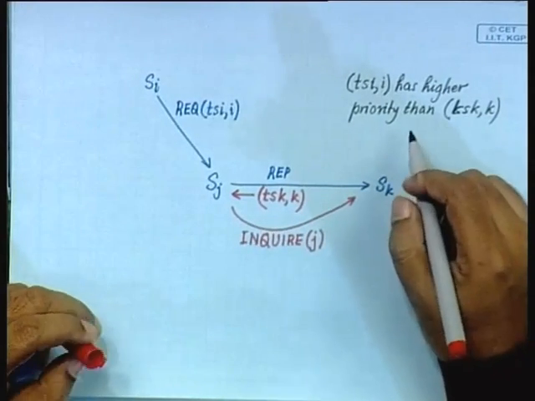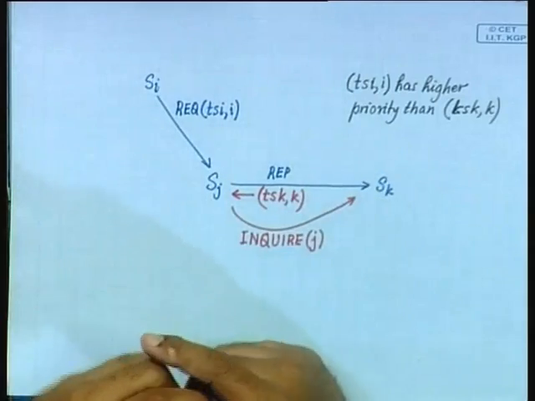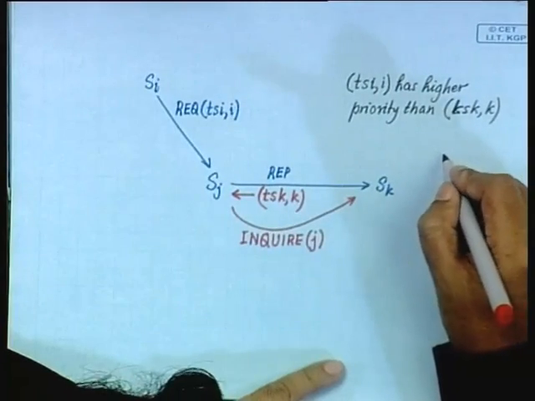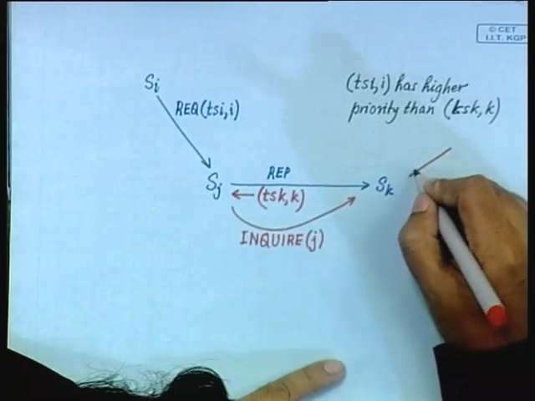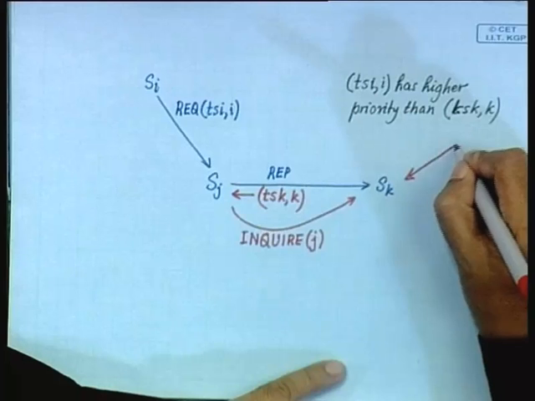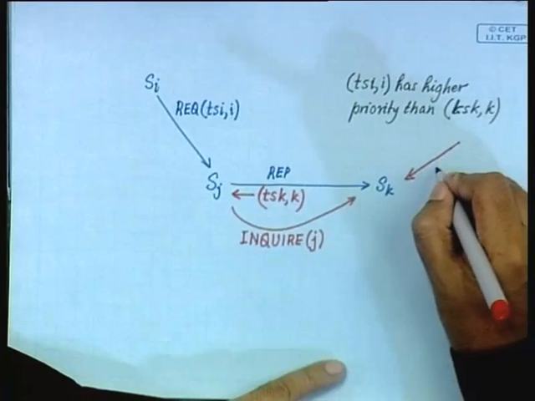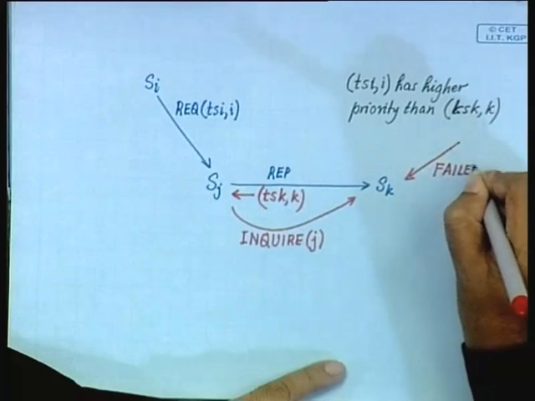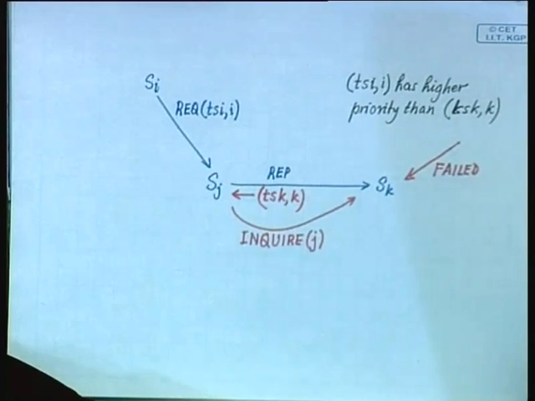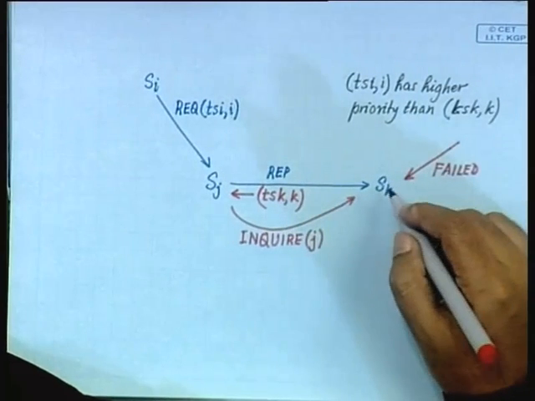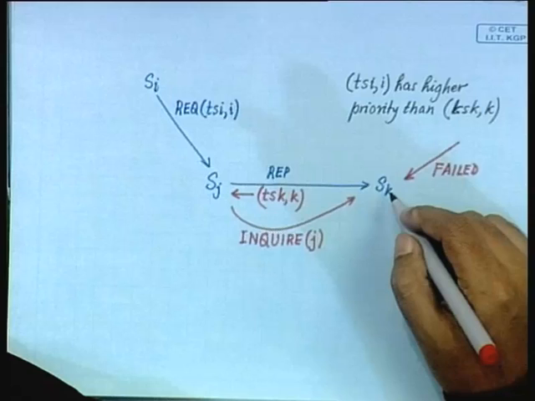So, suppose it has so happened that Sk has received a failed message from some site in its requesting set, right.